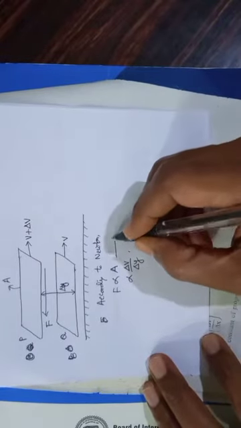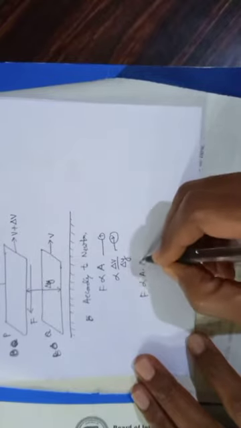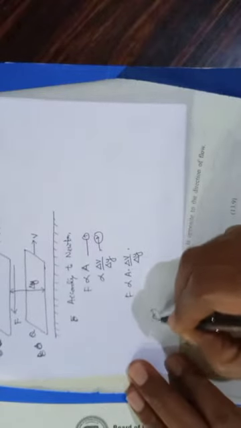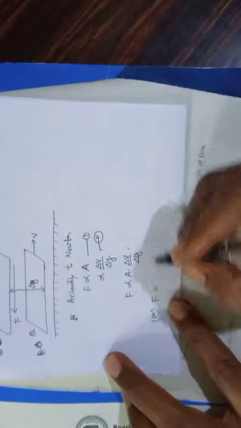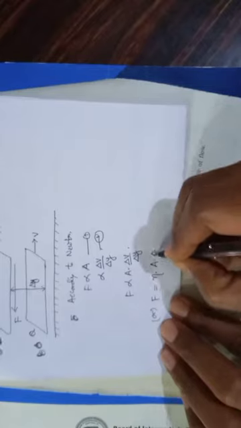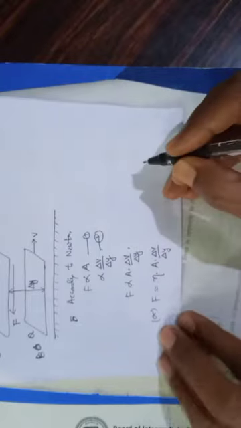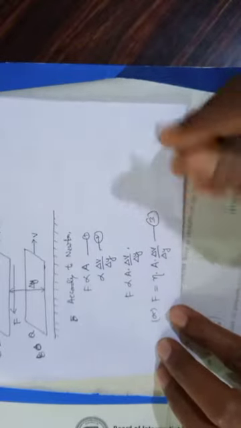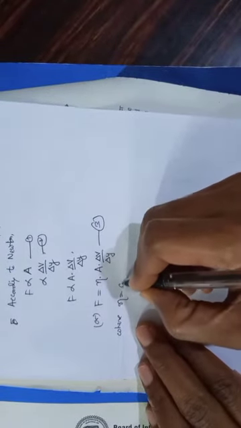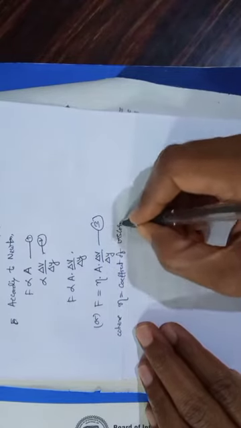Combining these two, we can write A into delta V by delta Y, or F is equal to some constant of proportionality, where the constant of proportionality eta is called the coefficient of viscosity.